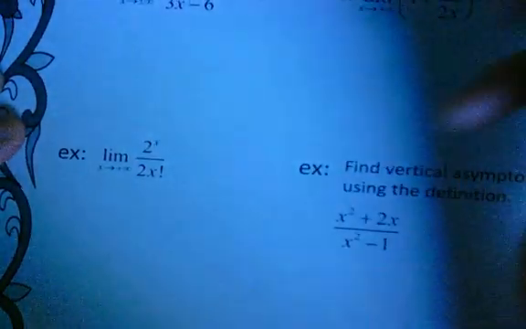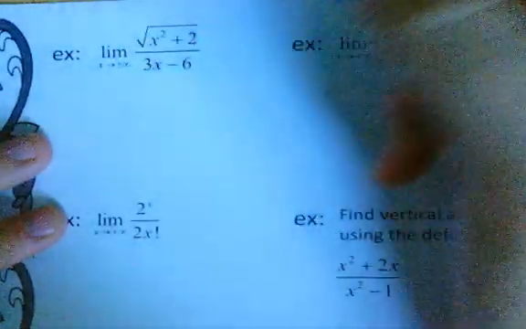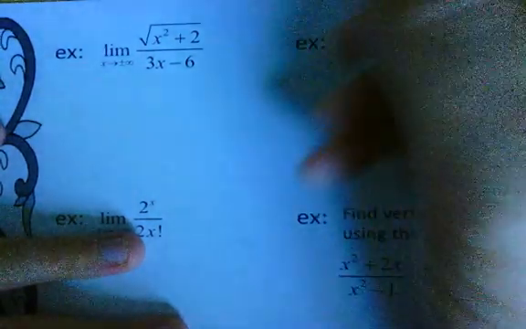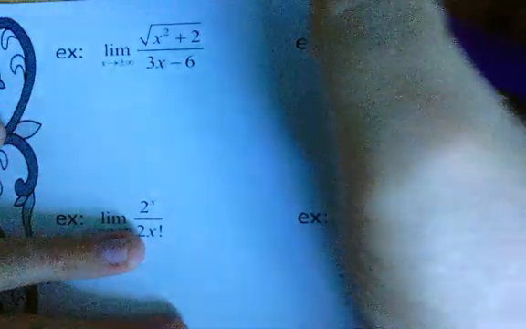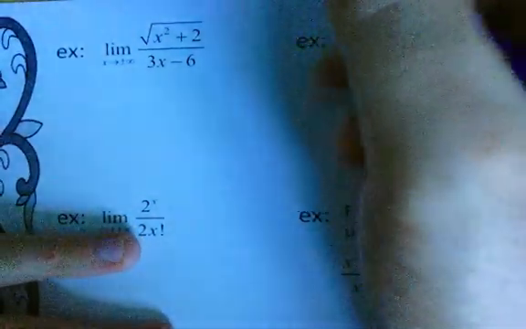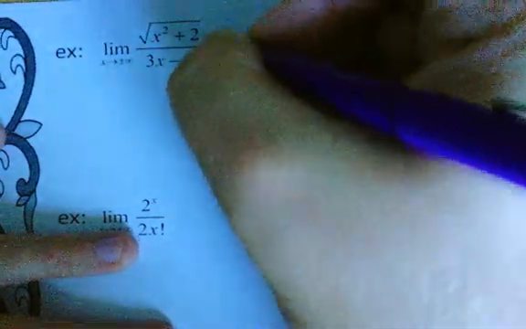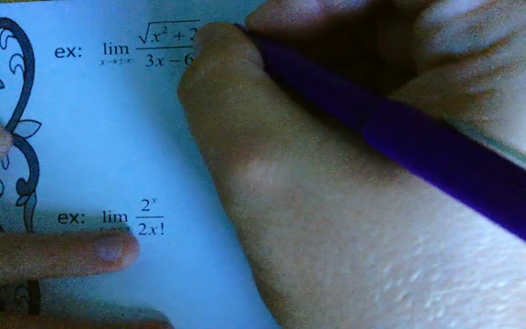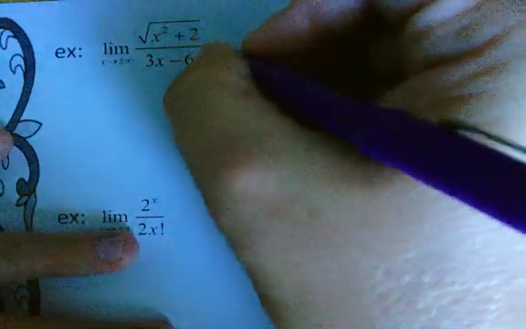For the first one, we're looking at the limit as x goes to either positive or negative infinity. It's not going to matter. For this one, you need to multiply by 1 over the highest power. The highest power for both of these is going to be x, so I'm going to multiply the bottom by 1 over x, and that's all of it.